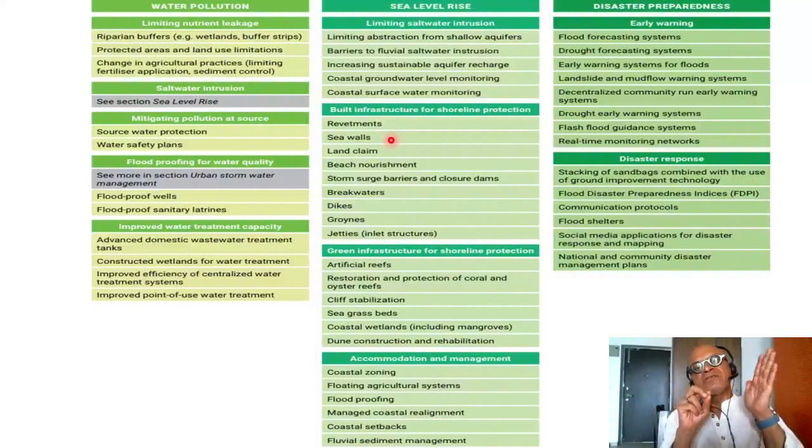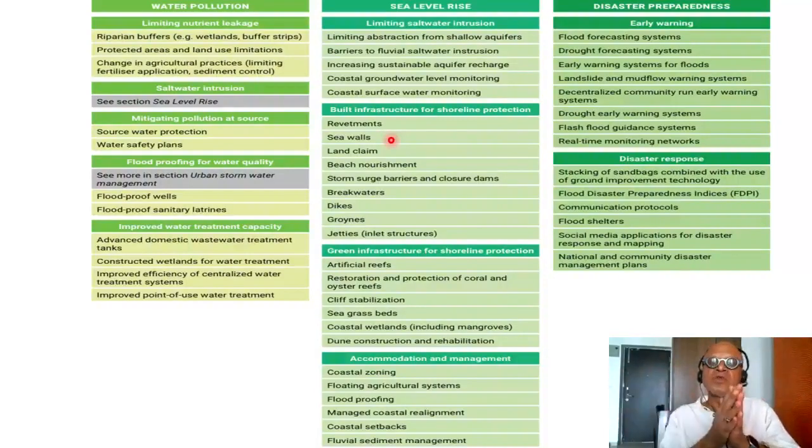If you want to protect against 20 centimeter rise versus half a meter rise versus 1 meter rise, how much does each one cost, and how the community or the local government or the central government decide how much money it wants to put into built infrastructure to protect against sea level rise, whether it's for water and salinity intrusion or just protecting people themselves and so on.